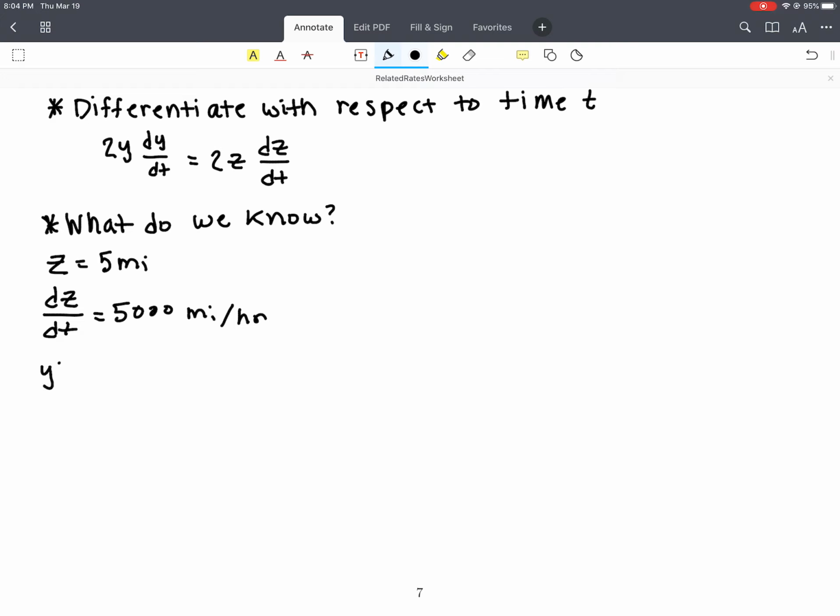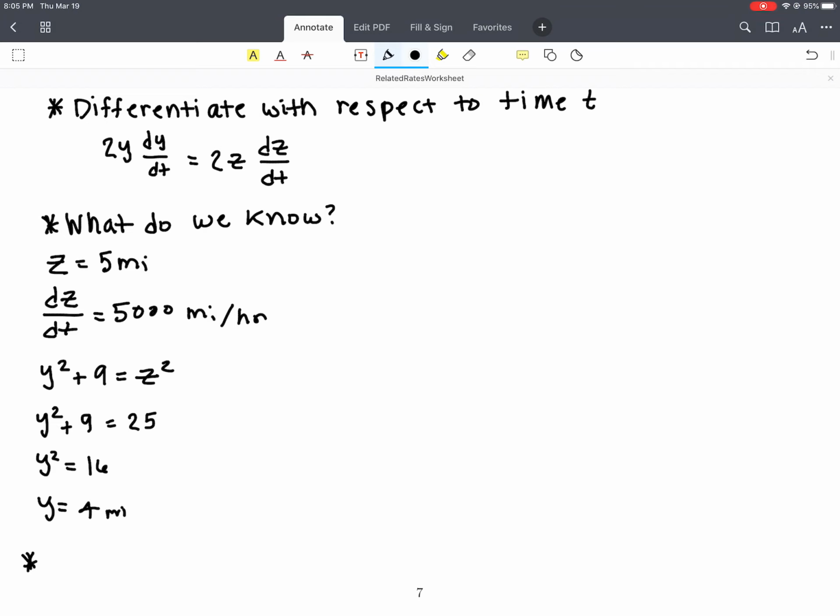We also know y squared plus 9 is equal to z squared. And we know that z is 5, so that's y squared plus 9 is equal to 25. y squared is equal to 16, so y is 4 miles.